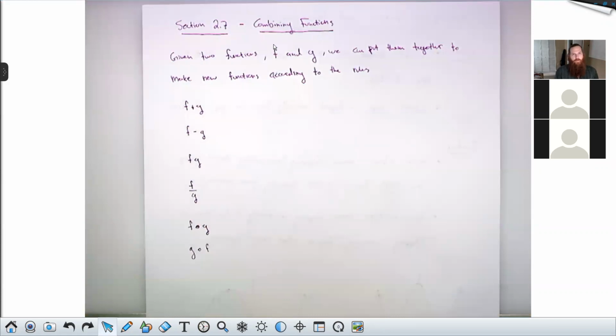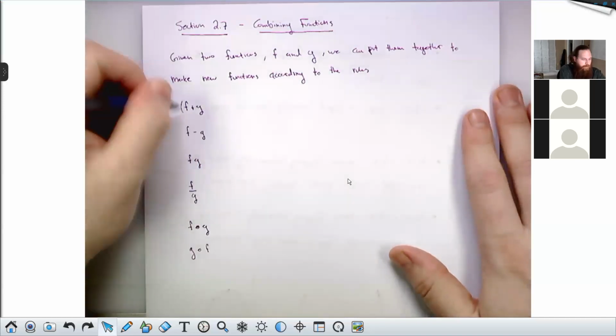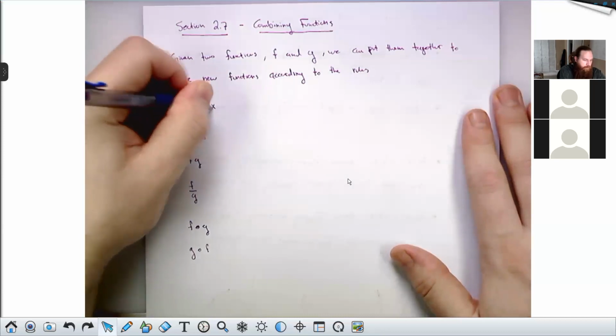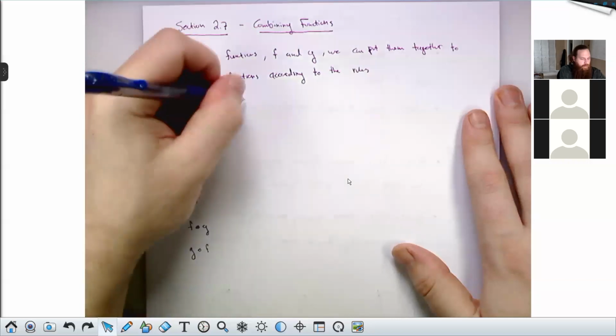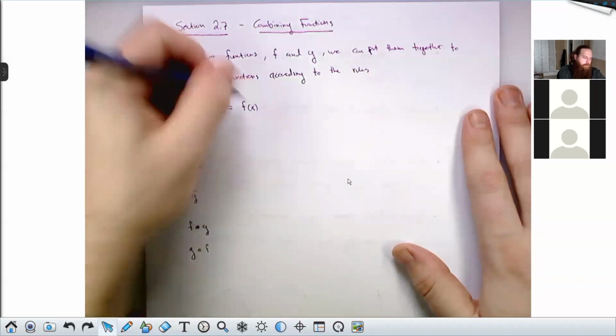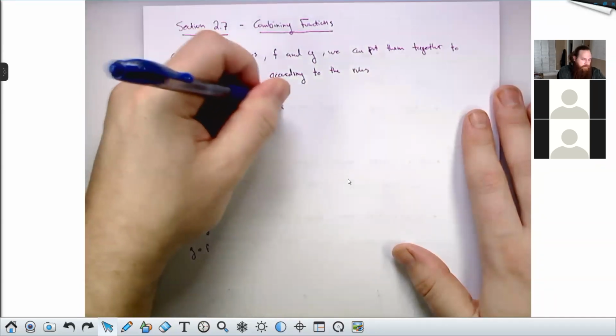So just like the originals are named f and g, when I write them down, I write f of x and g of x equals, and then I give you a formula that tells you how to compute the values of the function. So the new function f plus g follows from the rule that f plus g of x is f of x plus g of x.